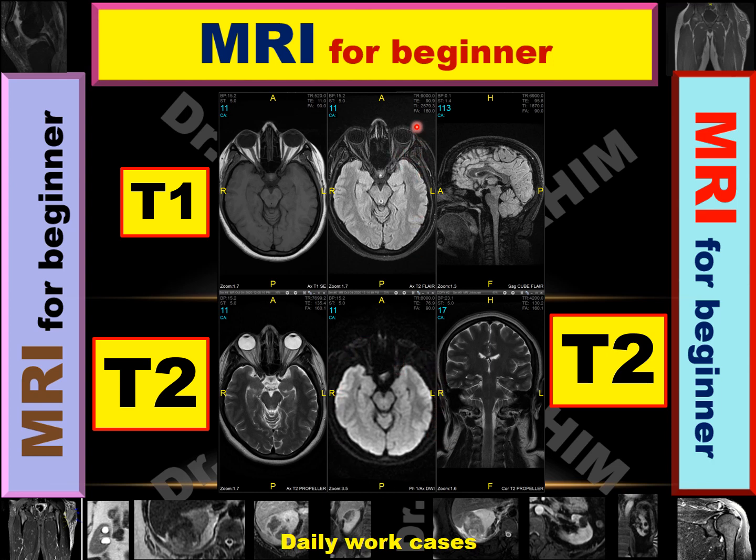If the outline and the details, like this orbit, are clear, you are dealing with a FLAIR image. However, if the outline, looking at the orbit here compared with this orbit, is hazy, you are dealing with a diffusion weighted image. So this is a sagittal FLAIR image, this is an axial FLAIR image, and this is an axial diffusion weighted image.